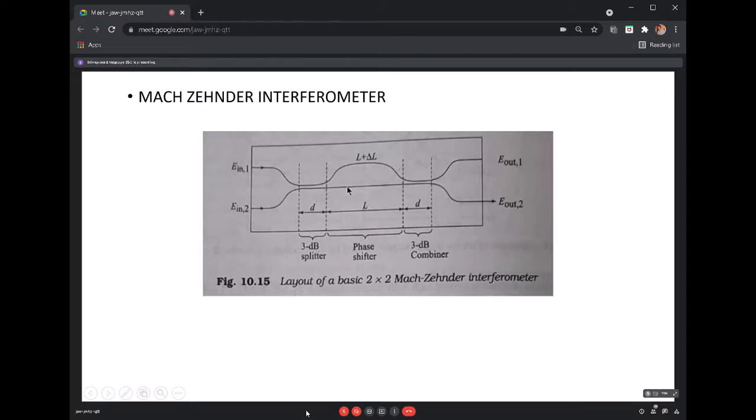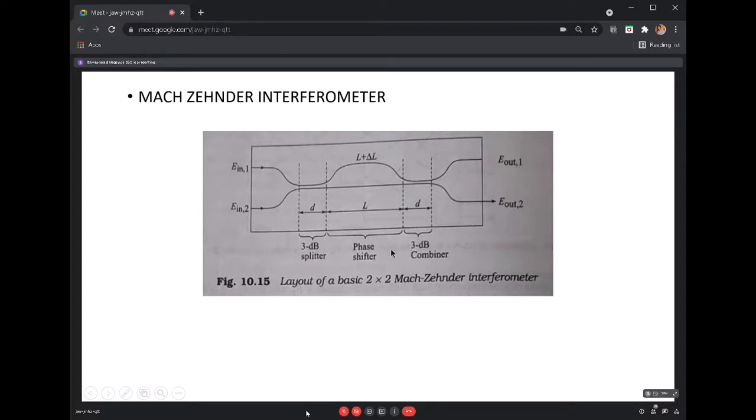So there will be a phase shift between these two arms, and there is another 3 dB coupler at the other end. So finally there are 3 stages: one 3 dB splitter, one phase shifter, and the other one a combiner.